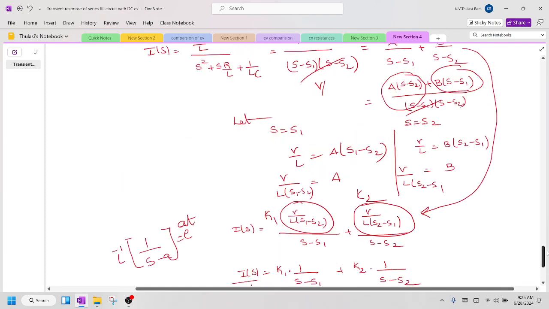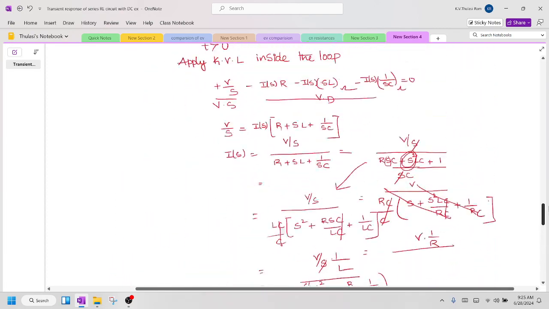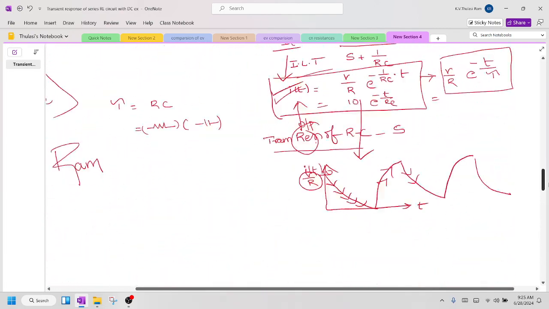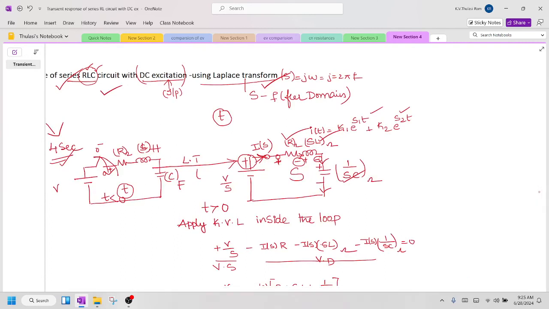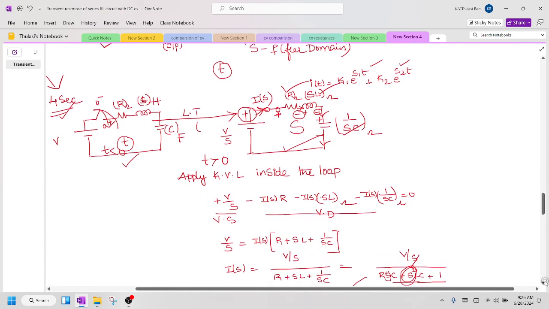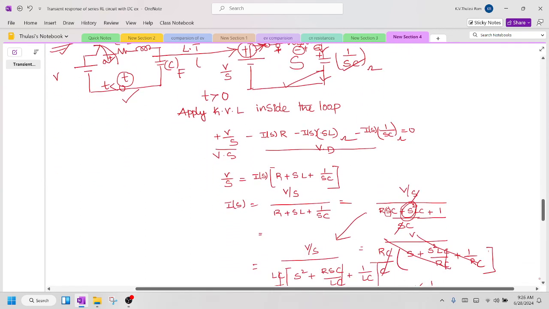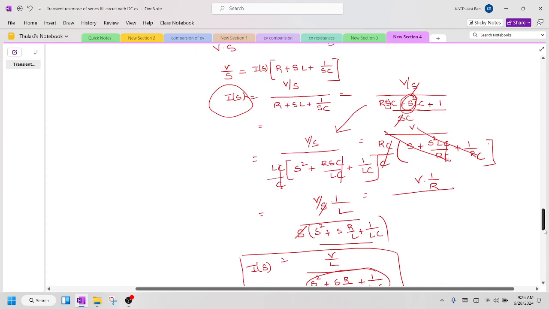The derivation is lengthy but very important when you are solving in an exam. So let us review. We convert the time domain into the frequency domain, apply a small KVL, and derive the expression of I of s. In this expression we want to make the coefficient of s square as 1.